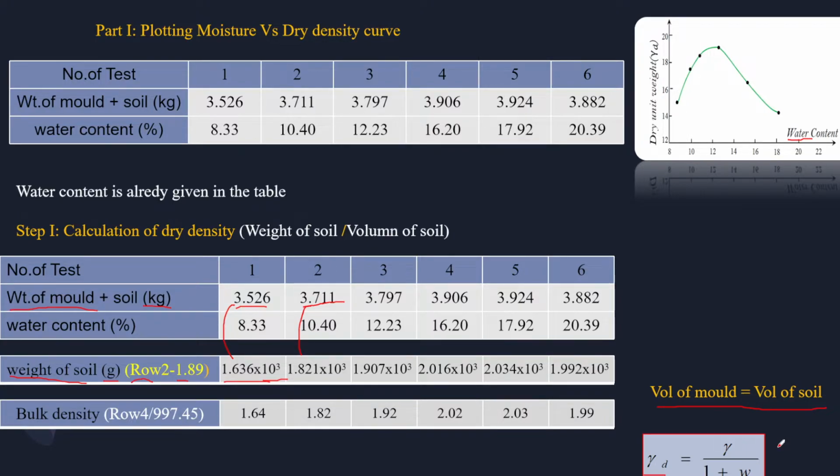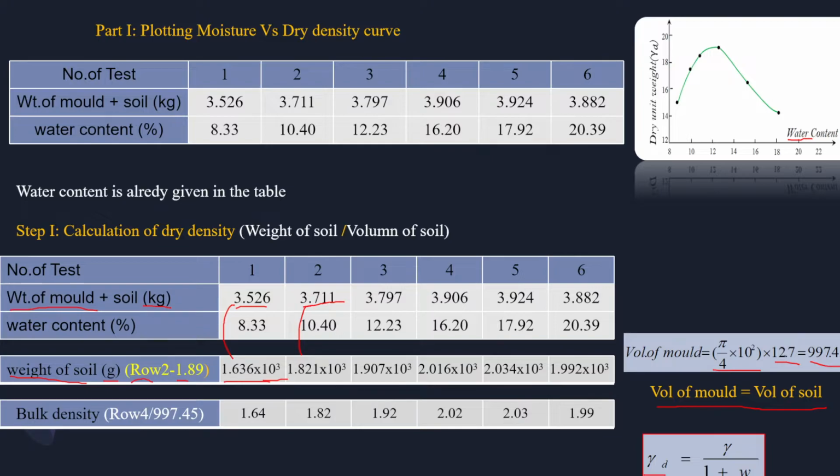That volume equals the height of the mold multiplied by the area of the mold. The area of the mold is pi by 4 into d square. The diameter is 10 centimeter and the height is 12.7 centimeter. So the volume of the mold, which is the volume of the soil, equals 997.45 centimeter cube.